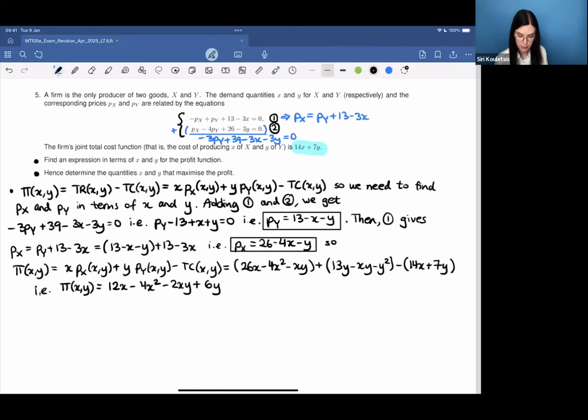And finally, there's a minus y squared. So that is the expression for the profit function.